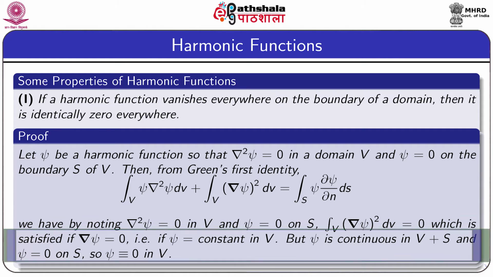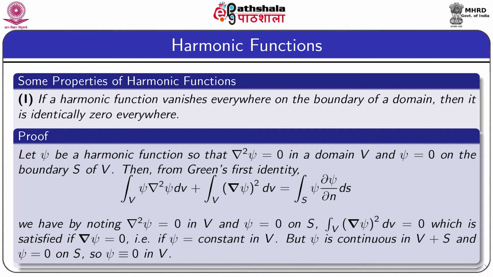This also implies that psi must be equal to a constant in the domain V, but psi is continuous in the domain V and the boundary S, and on the boundary we know that psi takes value 0. So, psi must be equal to 0 in V using the continuity condition. So, this property is proved here.